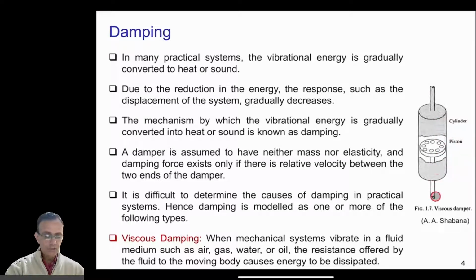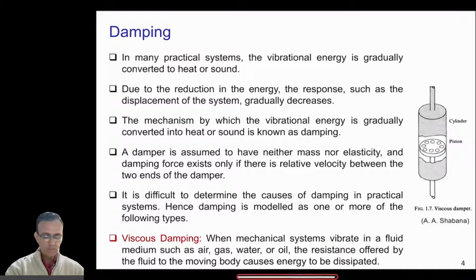When the piston is moving in the fluid, and there are holes in the piston, the fluid can move toward both sides of the piston. But when the piston moves, there will be resistance to the motion.